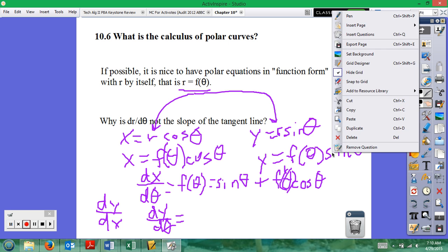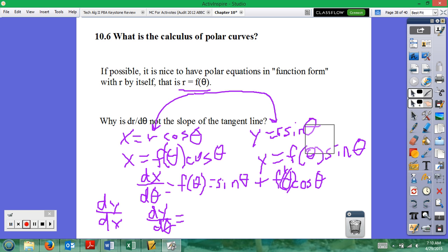It'd be the first, f of theta, times the derivative of the second, the derivative of sine is cosine, cosine theta, plus the second, sine theta, times the derivative of the first, f prime theta.